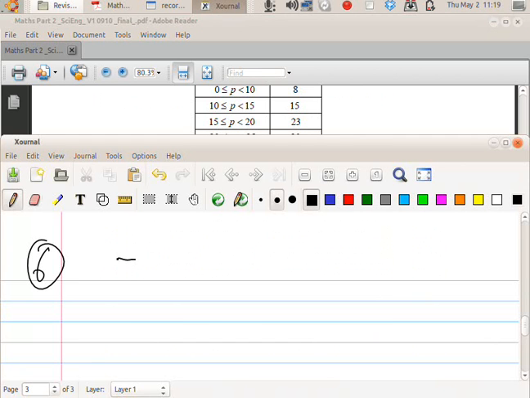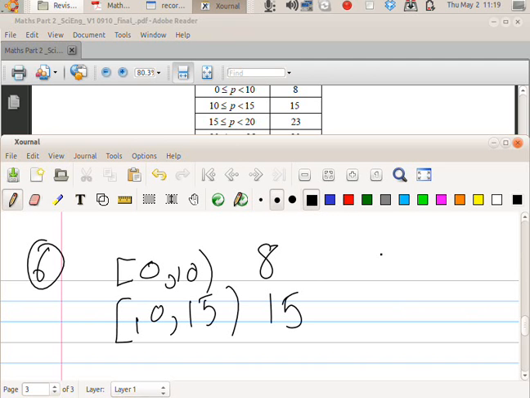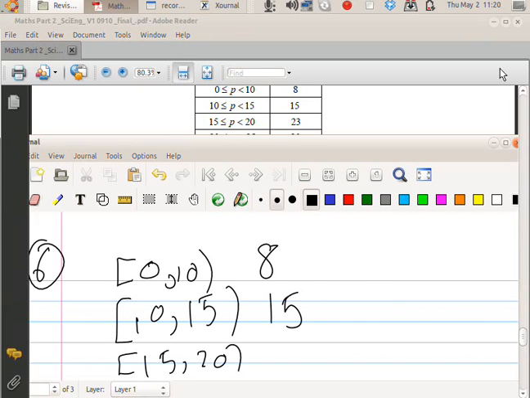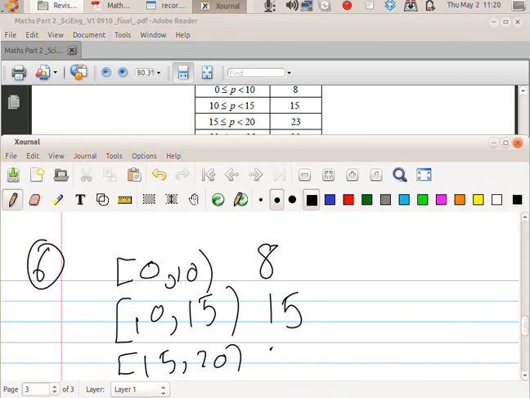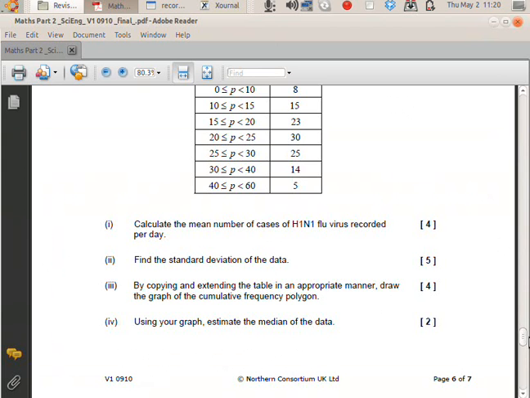Okay, so here you have 0 to 10, and it's 8, and here you have 10 to 15, and it's 15, and then the next one is 15 to 20, 23. It's cumulative, well, we'll do that in a moment, I'm just writing the data down first.